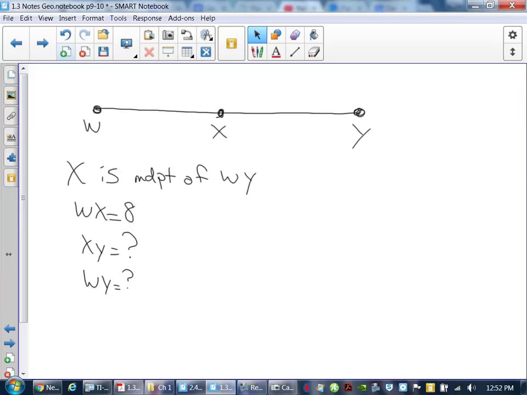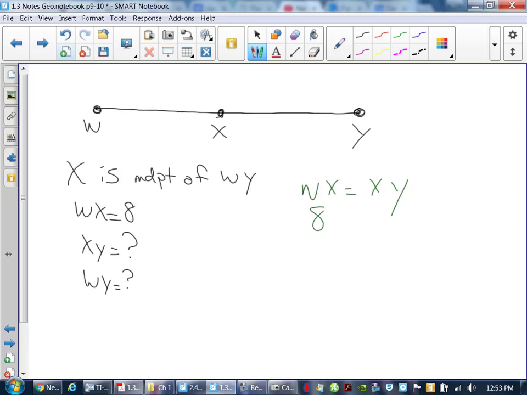So you do this. You know that WX, well, what's WX? Very good. WX is X1. That's good. But what does XY have to equal? 8. So if this is 8, and this is 8, the whole thing is, see how it goes back to segment addition then?